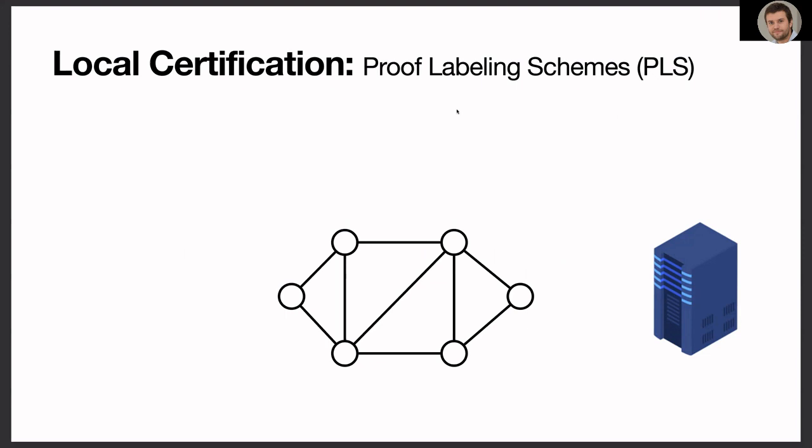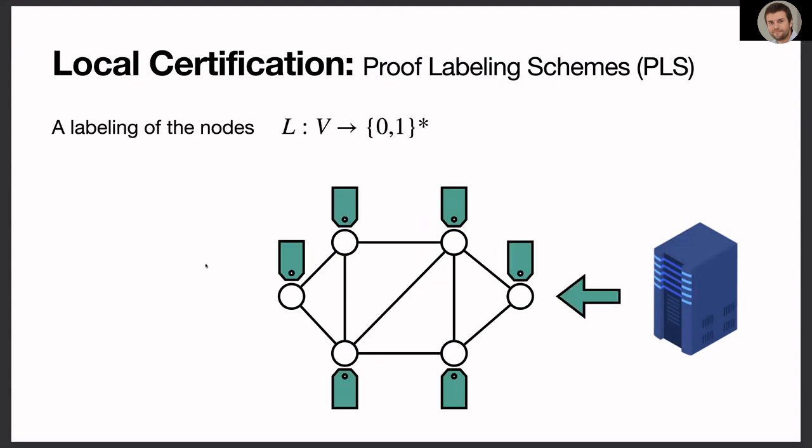One of the perspectives is the context of proof labeling schemes. We can imagine that we have a very big computer that is aware of the whole network and can help the nodes with a labeling that will help them to decide if the graph belongs to the graph class that we're studying, right?